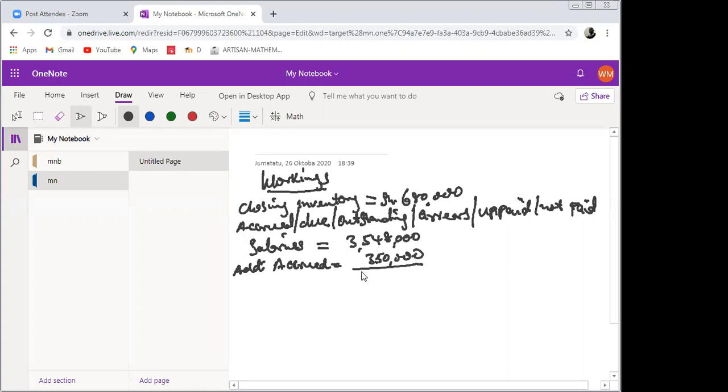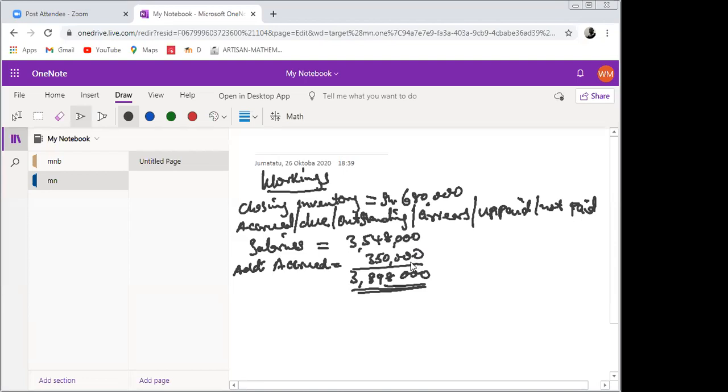This will give us how much? 3,898,000. Yes, this is the total salaries that were supposed to be for this period. What was paid plus what was not paid.